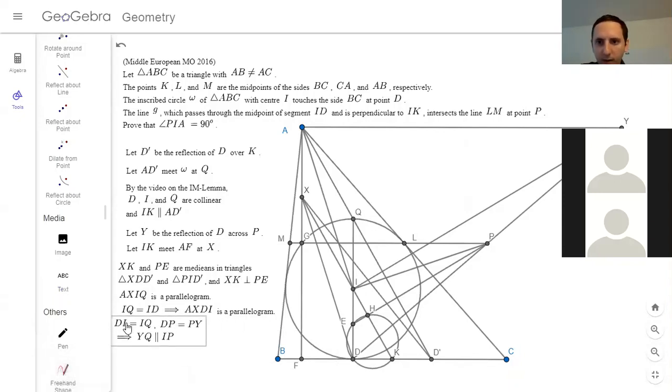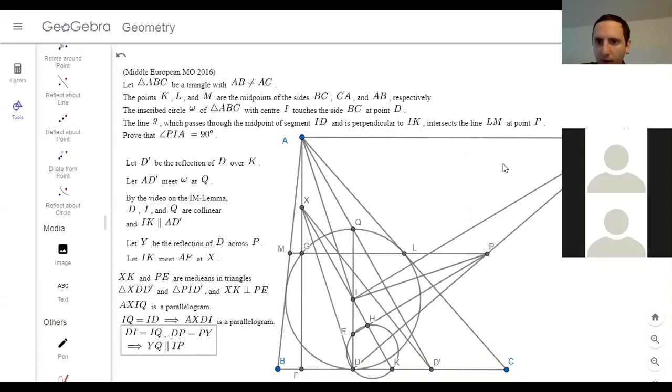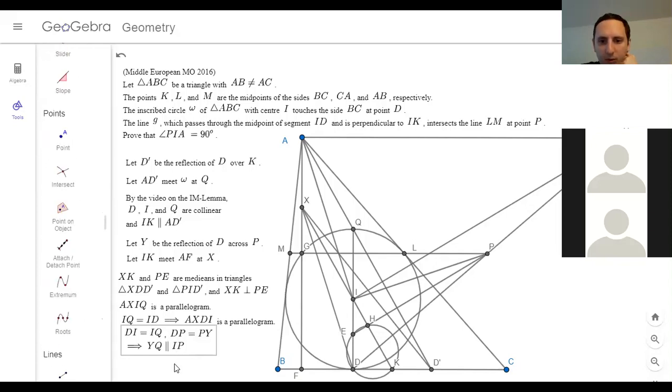And then you showed that YQ is perpendicular to AI. So we have YI is perpendicular to AD prime. Why was that? Let's see. Why is YI perpendicular to AD prime? Oh, because YI is parallel to EP.